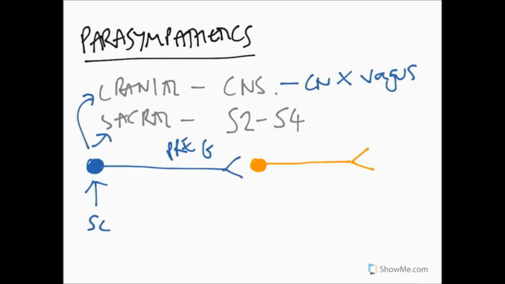Here we have a system which utilizes acetylcholine between preganglionic neuron and the postganglionic neuron, and also utilizes acetylcholine on its effector organ. So the parasympathetics use acetylcholine always, whether it's between the preganglionic and the postganglionic neuron, or the postganglionic neuron and the effector organ.